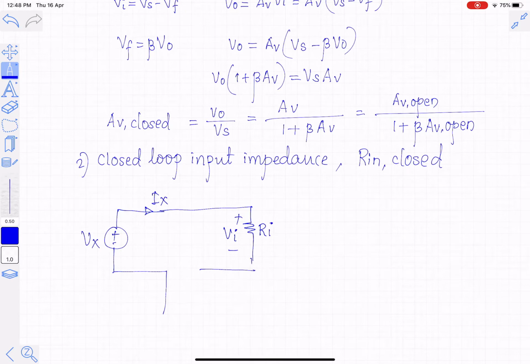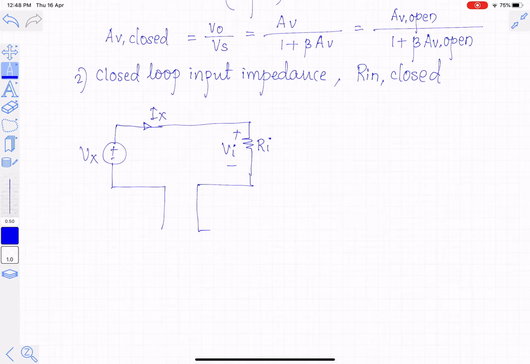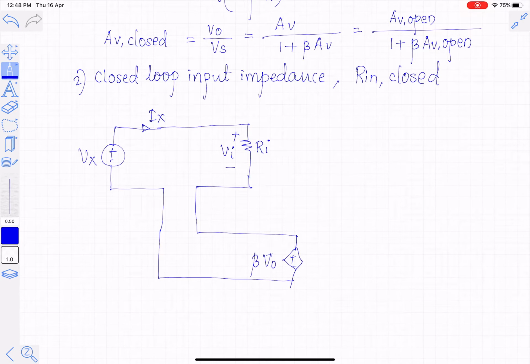So we have the configuration something like this on the input side. I am not drawing the complete part. So this is plus minus beta into Vo. You can see that the current that flows through this complete network is equal to Ix. So we can write Vi.